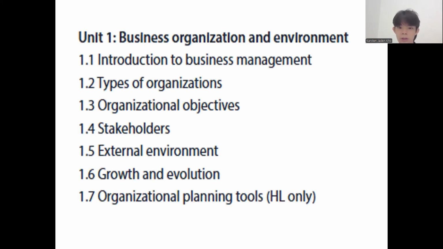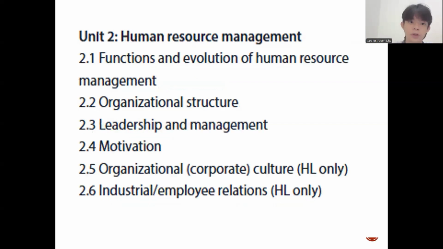So, these are the topics in each unit. As you can see, there's 1.1 until 1.7, where 1.7 is an HL topic, organizational planning tools. Unit 2 with 2.6 as the HL topic and 2.5.